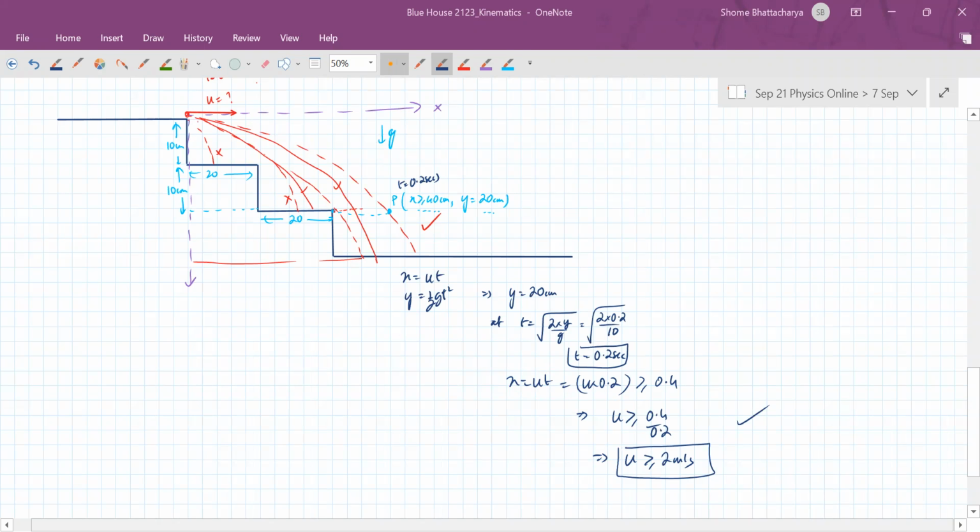Okay, so question 35 is about that goli game, called goalies. Actually, not Gilli Danda. This is goalies actually. So you're throwing those small spherical glass objects, small goalies. You have to hit another one of those goalies with the goalie that you're projecting.